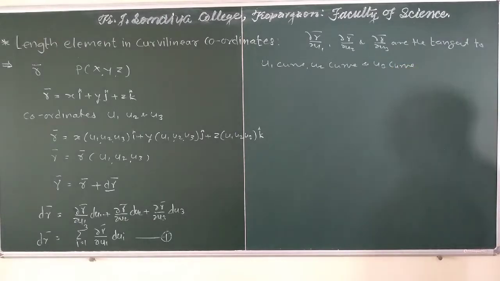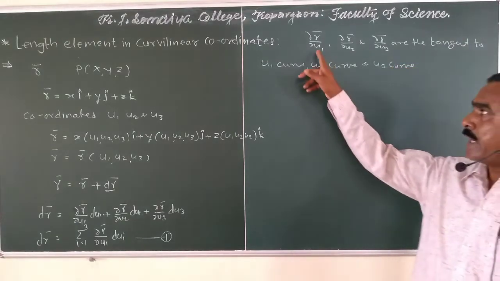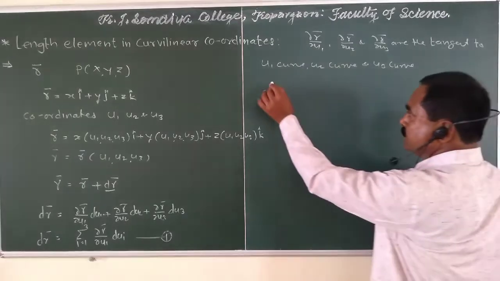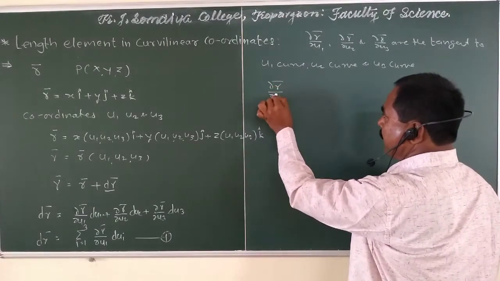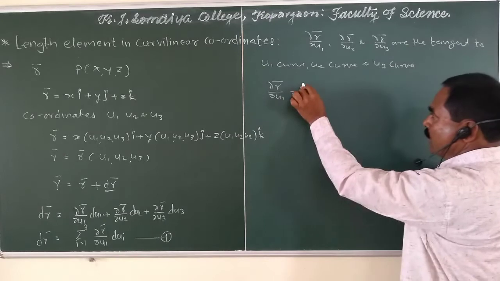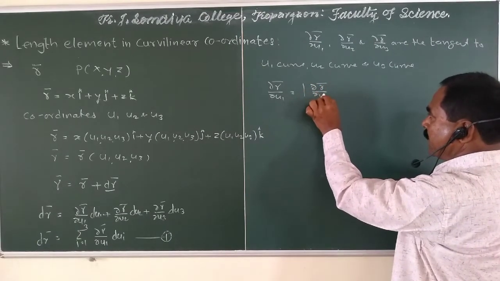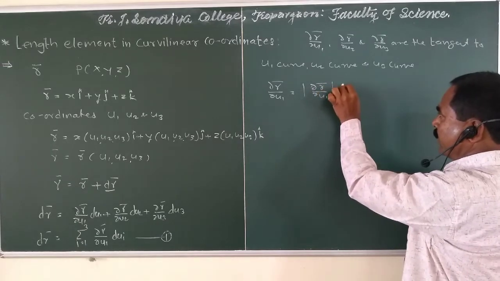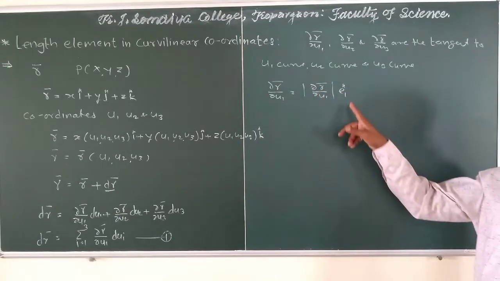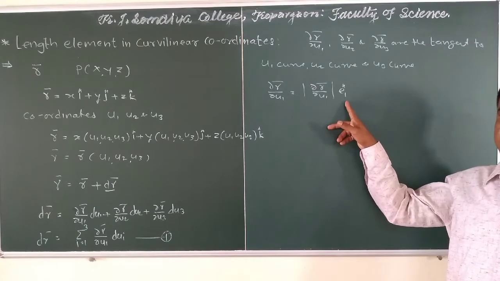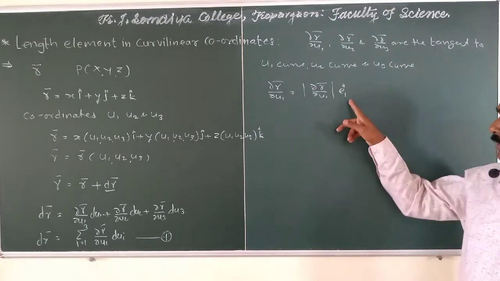So we write del r bar by del u1 equal to mod of del r bar by del u1 into e1 cap, where e1 cap is the unit vector along the u1 curve.